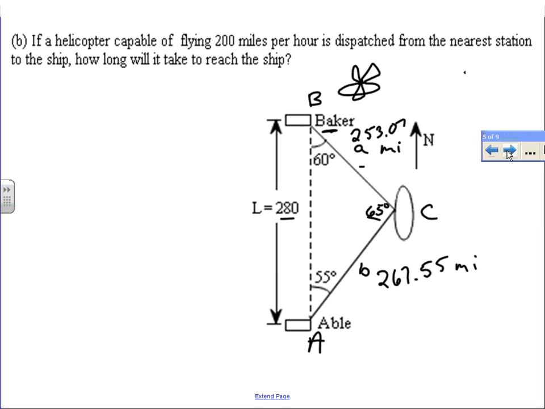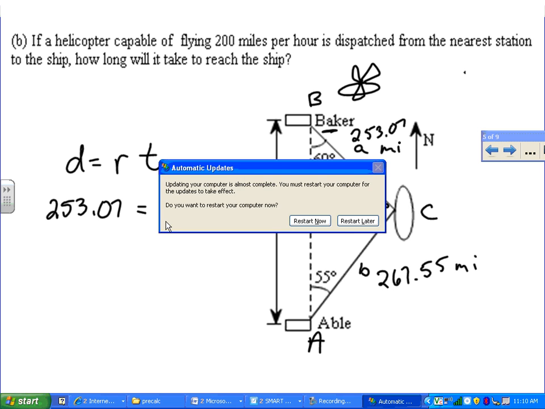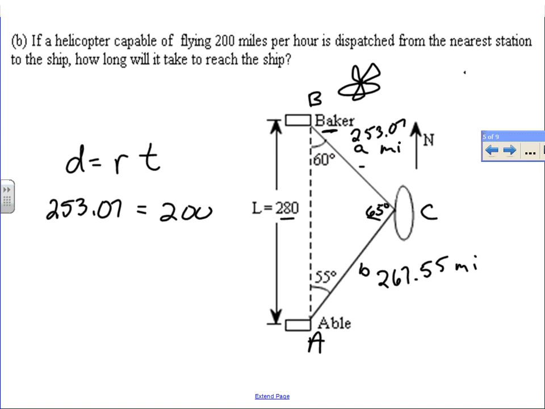Okay. Now, let's see, we should know a formula here, right? Distance equals rate times time. So the distance that they have to cover is 253.07 miles, and the rate is 200 miles per hour, so 200 times t.